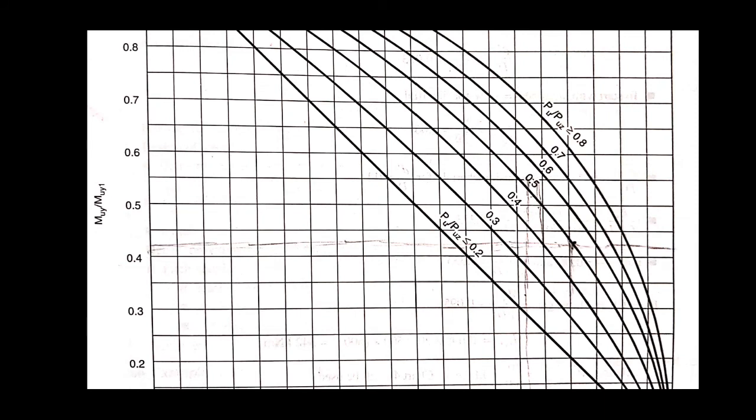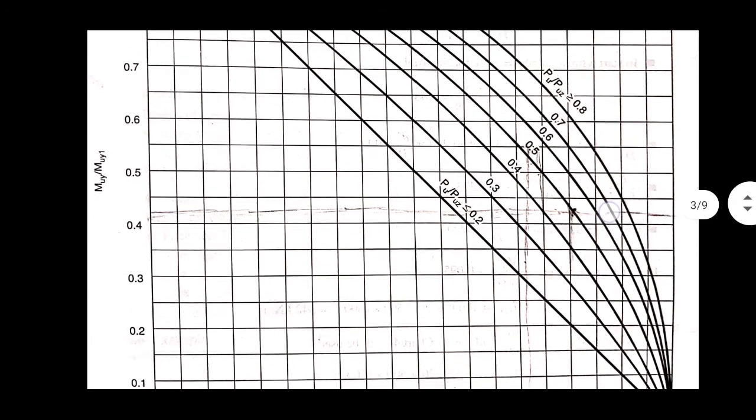The value of Muy by Muy1, 0.421, will be here as marked in this graph, and this line is cutting the curve of 0.53 almost here as marked dark.